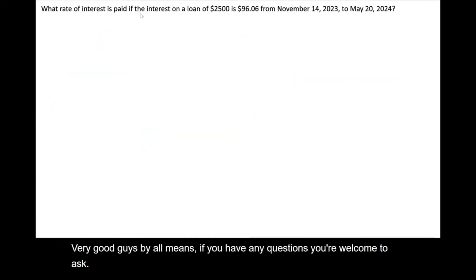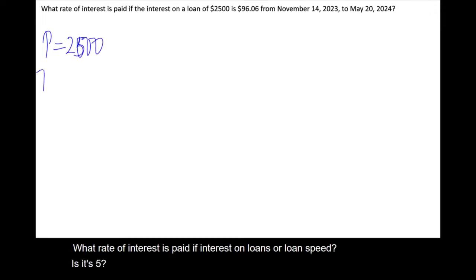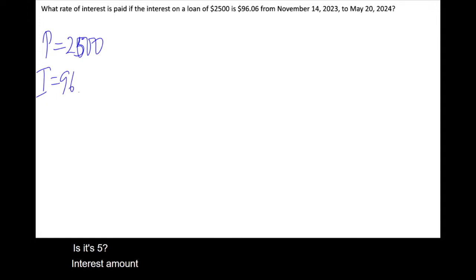What rate of interest is paid if interest on the loan? So loan P is 2500. Interest amount is 96.06. And I have 2 dates. By the way, have this table handy for the test.